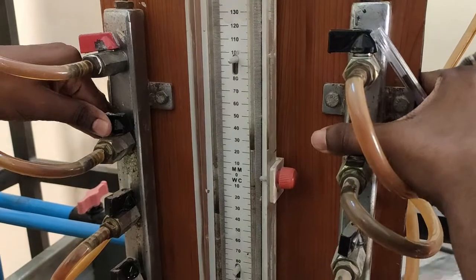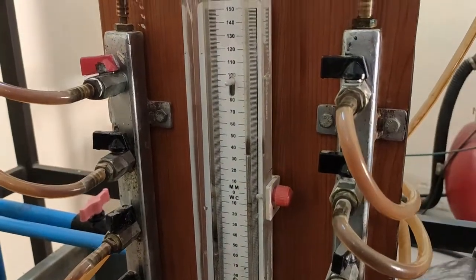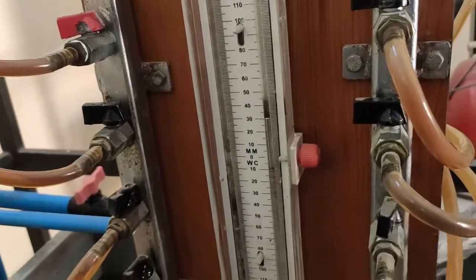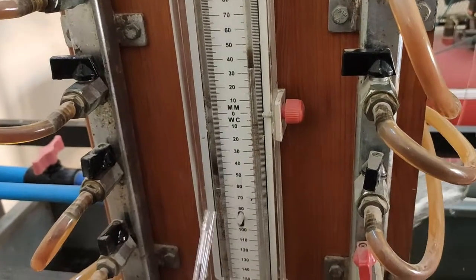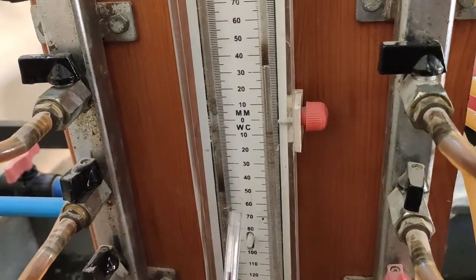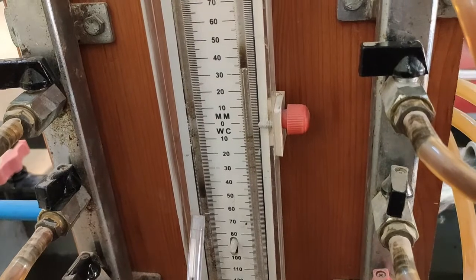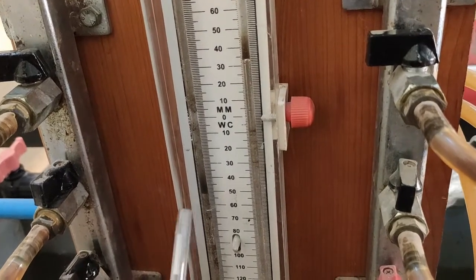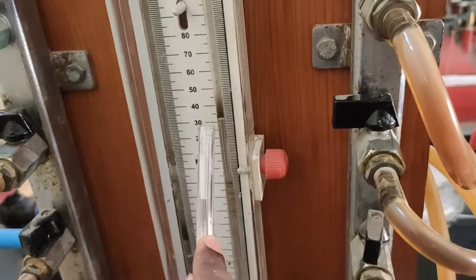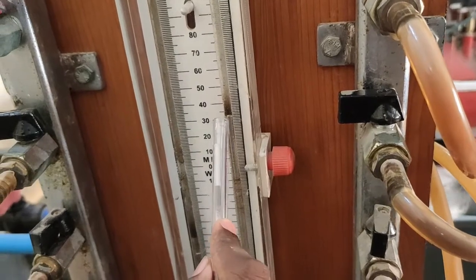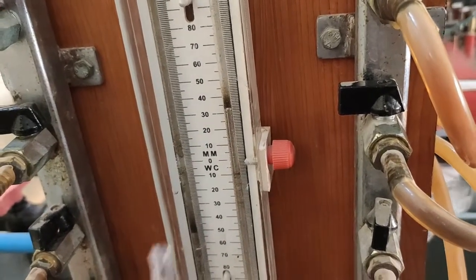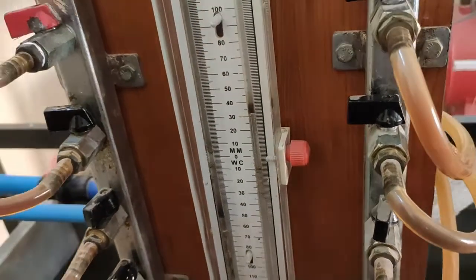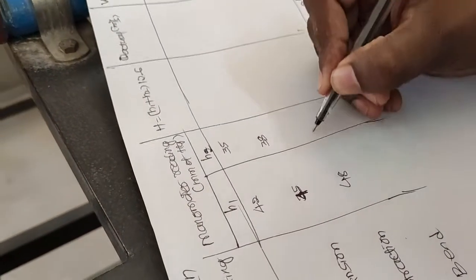Now I can close the sudden expansion valve. Now the readings you are going to observe: H1 is around 48, clearly marked. This one, H2, is again 38.